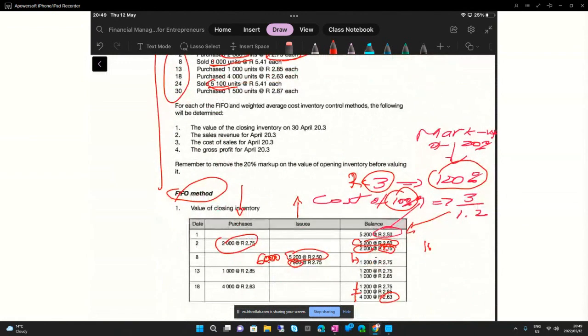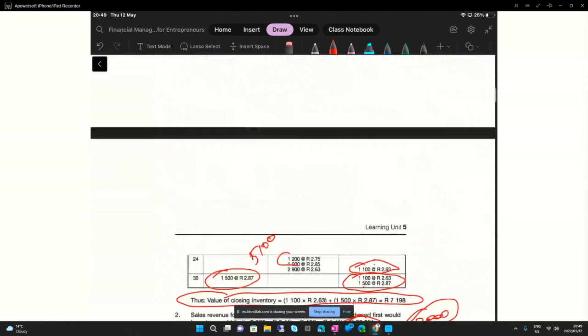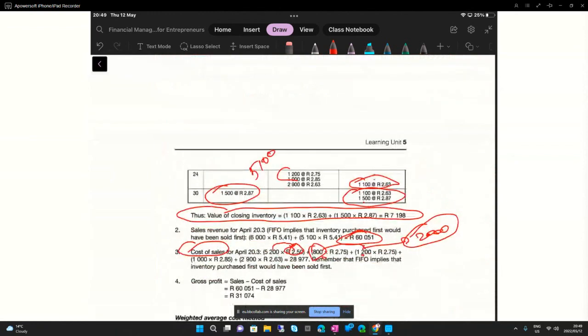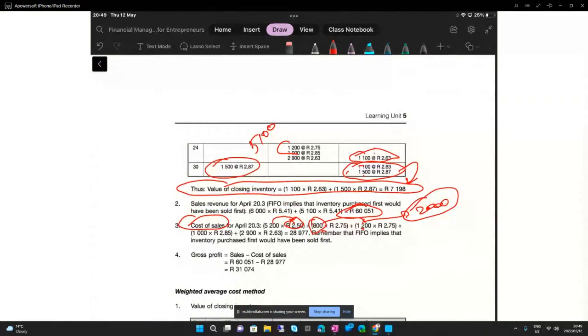I just want to see quickly what was the closing. Oh, right, the closing was here, and the closing was only 7,000. If you look at the closing valuation, it's here. It's only the 7,000. But when the cost of sales is being done, it's quite clear what they are trying to do.